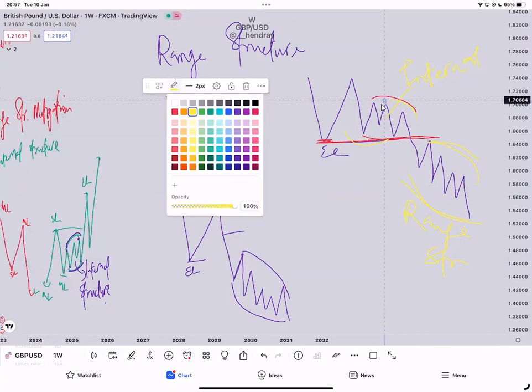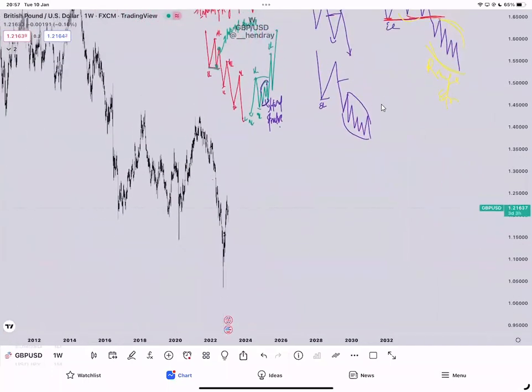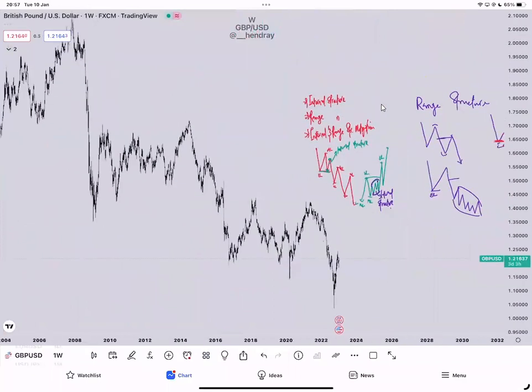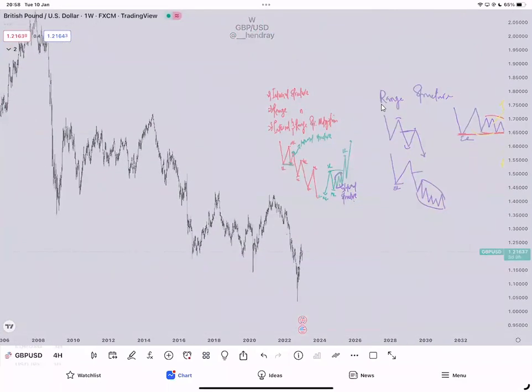So let's show the example on chart. Let's have examples on chart. I'll go to the 4-hour time frame. Why is this not loading ASAP?